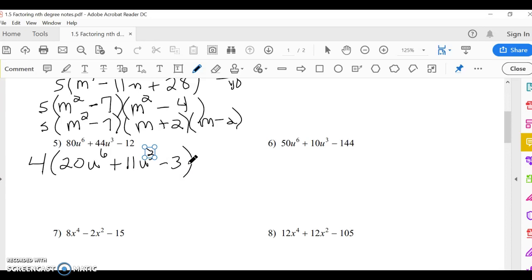So this is a tougher one to factor, because now you have a lead coefficient that's 20, not just a positive 1. So we have to think a little bit more. Factor out the 4.